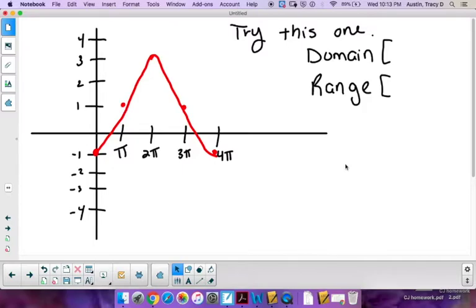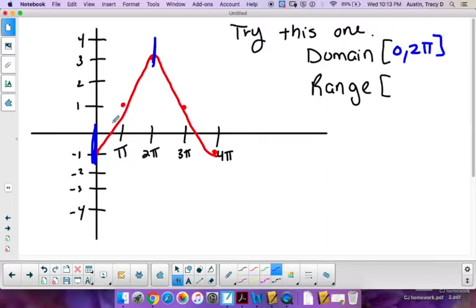Okay, so I'm going to start with the first half. Okay, if you restrict to this part right here, then the domain of that is from 0 to 2 pi, right? And the range is from -1 to 3. Okay, so I now know what the domain and range of my inverse function should be.